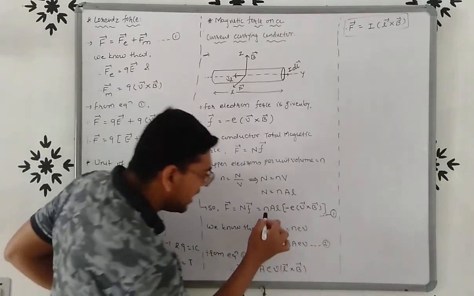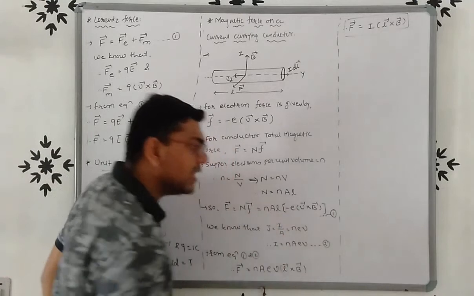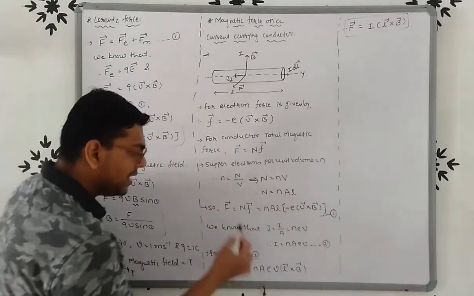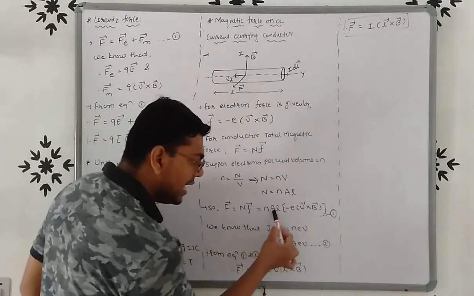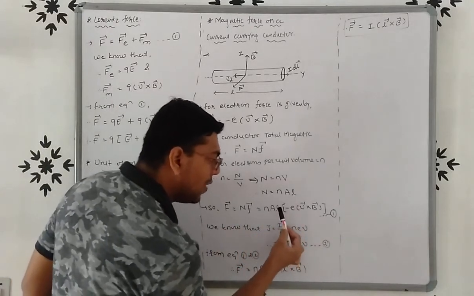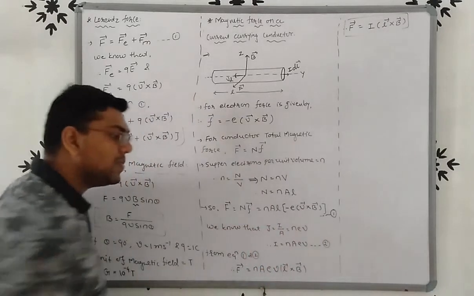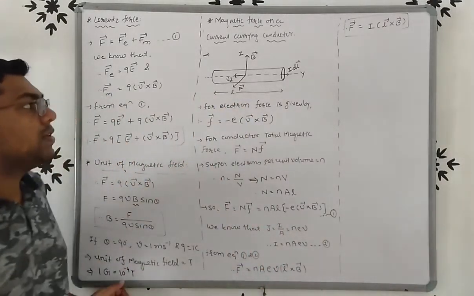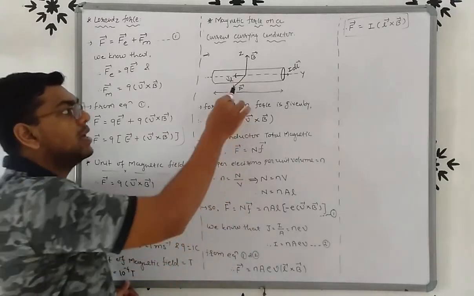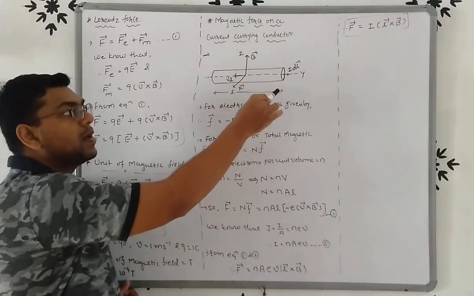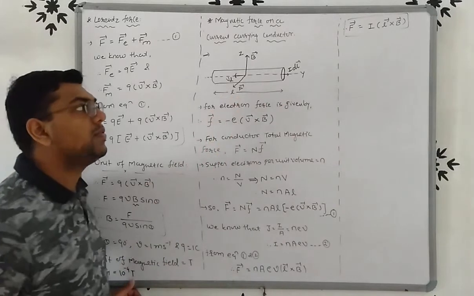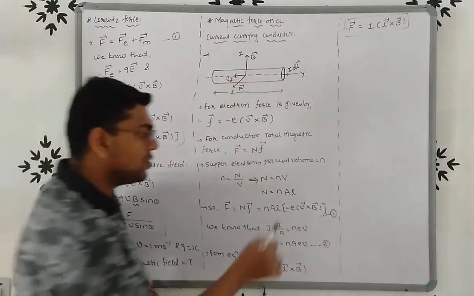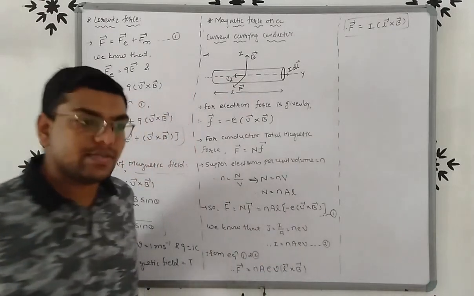So here see, n A e V is there in equation 1. So from equation 1 and 2, vector F is equal to n A e V into vector L cross vector B, because here the direction of current is the same as the direction of the length, but the velocity is in the opposite direction, so we can easily neglect this negative sign.